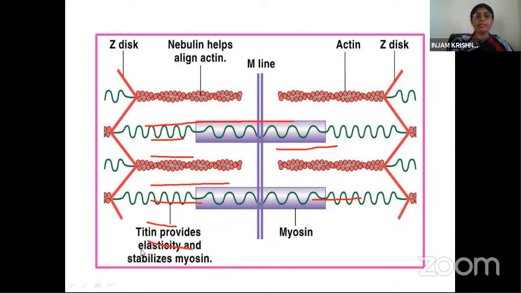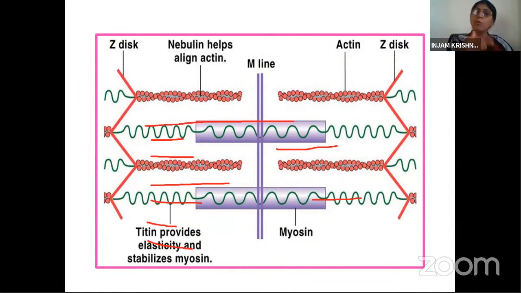Here also you remember that titin is not only connecting the Z line and myosin, it passes through the myosin till the other Z line. So that's why they are able to maintain a stable, firm structure.